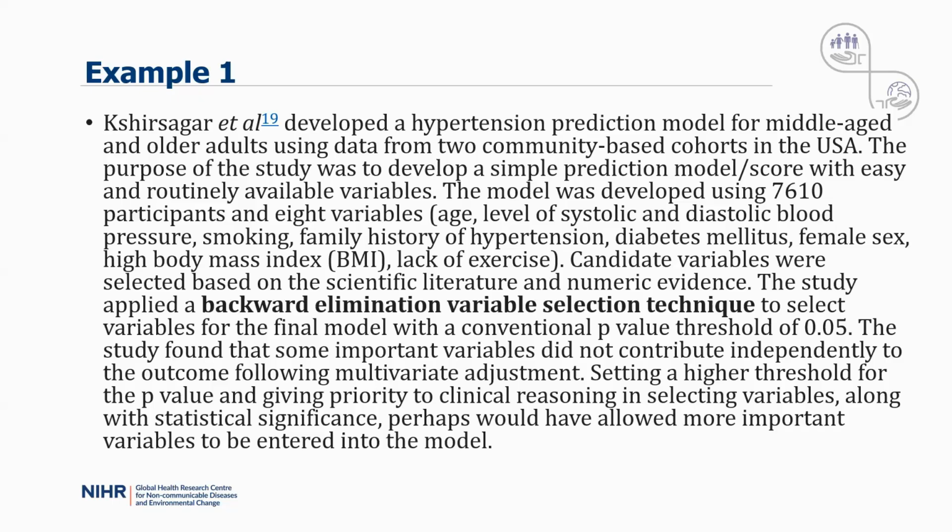So here, the authors used the convention threshold of 0.05. The study found that some important variables, theoretically important variables, did not contribute independently to the outcome following multivariate adjustment.